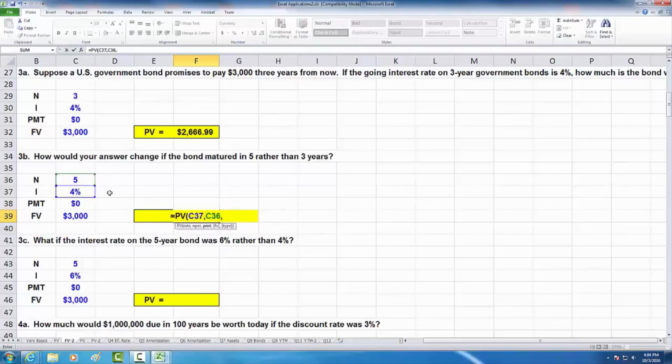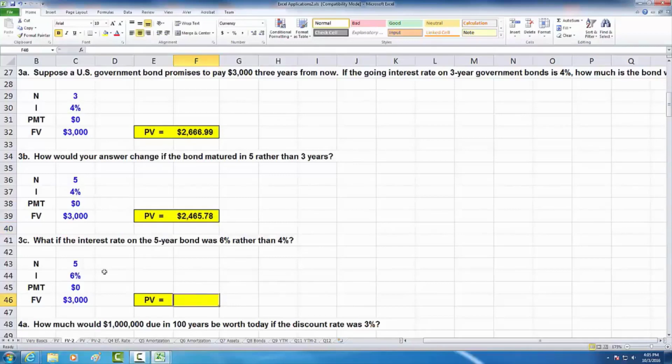We don't make any payments, so you can use 0 from here. And then this time use minus sign, and the future value is the same. Okay, here is the answer. So if the bond matures in 5 years rather than 3 years, the present value would be a little bit cheaper than that. So what if the interest rate on the 5-year bond was 6% rather than 4%?